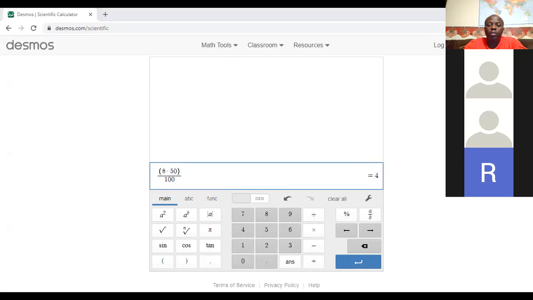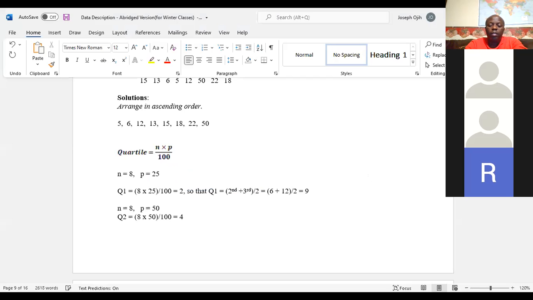So we get that our second quartile Q2 equals the fourth number plus the fifth number divided by 2.